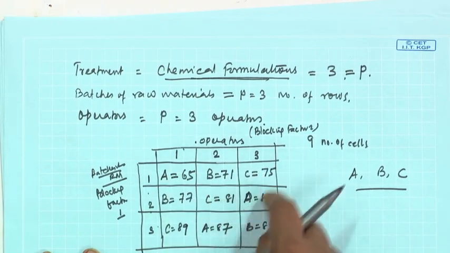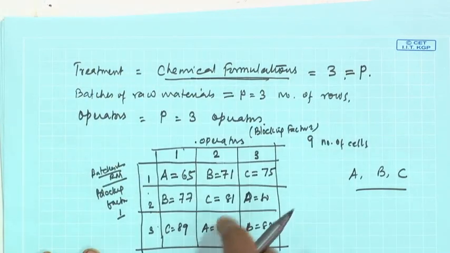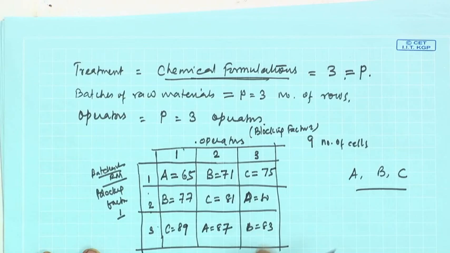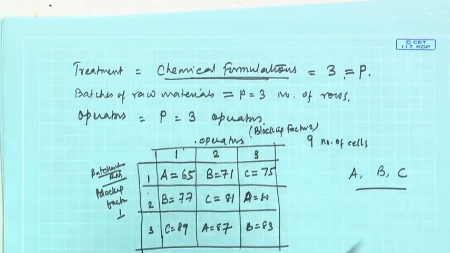So, in each cell the treatments are placed in such a manner that you are getting the yield also, and the 3 directions are captured here.